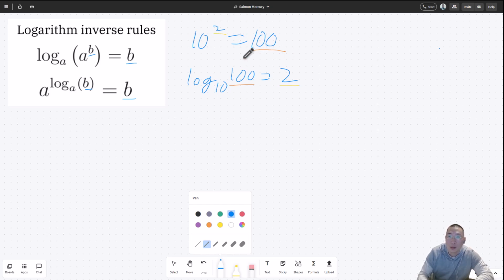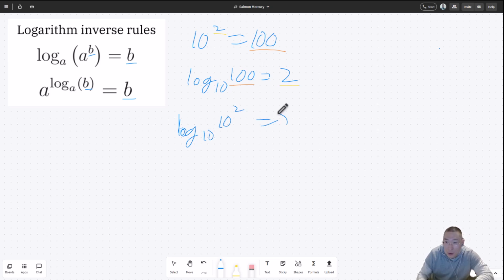So let's first replace the 100 here with the 10 squared. If we do that, it becomes log base 10 of 10 squared is equal to 2. Really easy. And that kind of looks like this equation here.